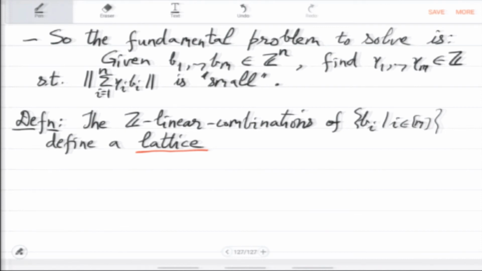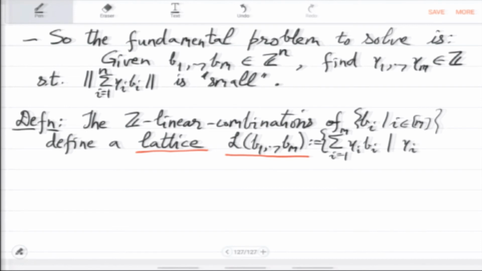And we will use the following notation: L(b_1, ..., b_m) is the lattice spanned by these vectors, such that the gamma i's are integral.